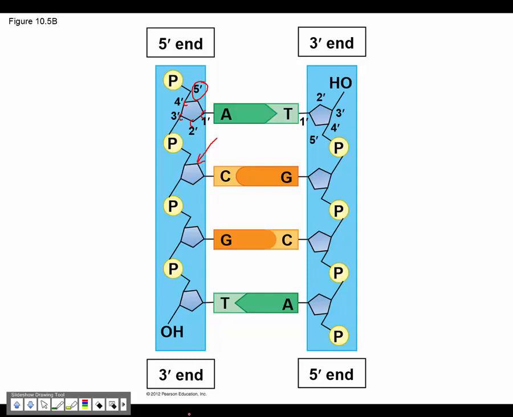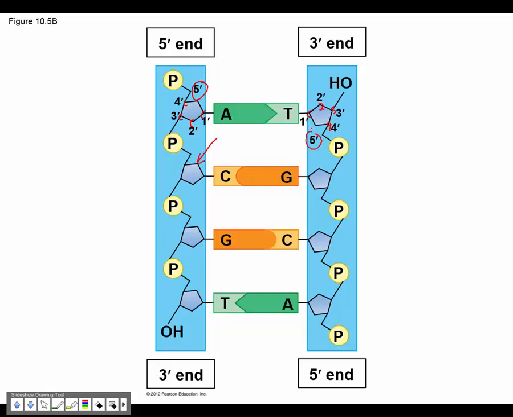So we got a 5' carbon, and then it moves from the 5' to 3' direction. So wherever that 5' is at the top and the 3' is at the bottom, and here we have the 3' end, and so you see the carbon here, 1, 2, 3, 4, and 5.